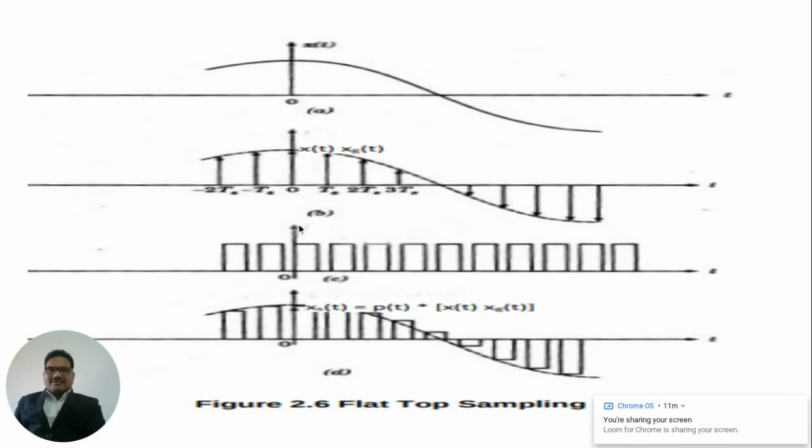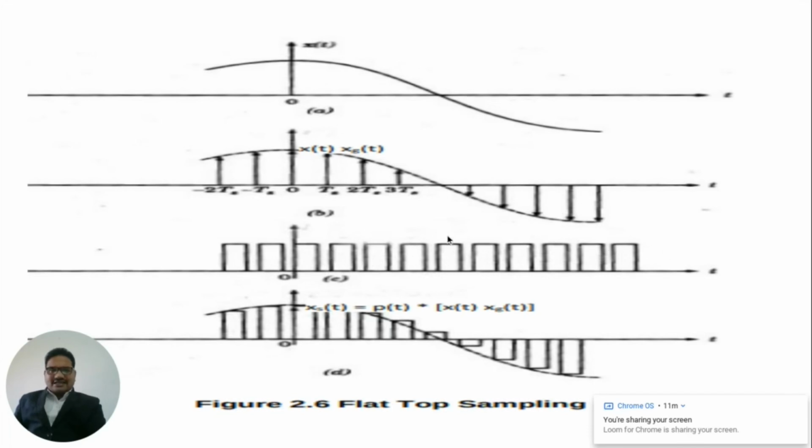You can see this from the graph. This is your continuous time signal x of t, and this is your unit impulse train. When you multiply x of t with the unit impulse train, you get the sampled signal. After this, the convolution of this sampled pulse train, x of t with x delta of t, with a unity amplitude rectangular pulse.